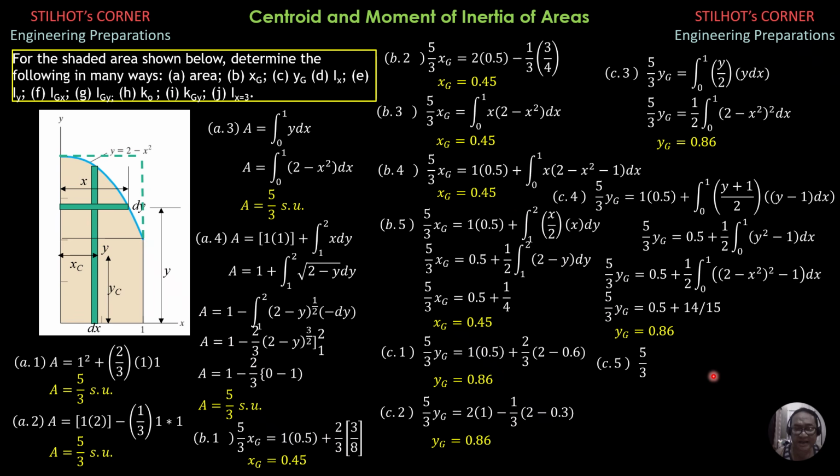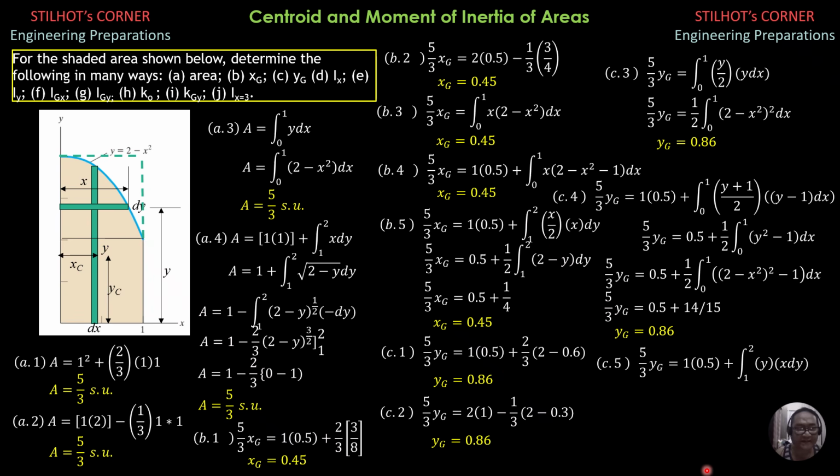Then the last method, C.5: 5/3 times yg equals 1 times 0.5, this one. Then plus, considering a horizontal strip. For this part, the location of the centroid of this horizontal strip from the x-axis is just y.